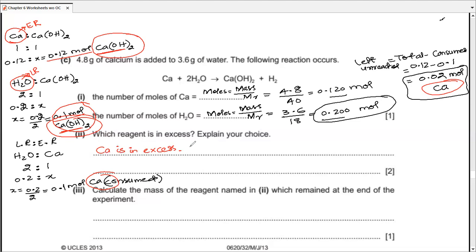You can simply write: Ca produces 0.12 mole of CaOH twice, while H2O produces 0.1 mole of CaOH twice.